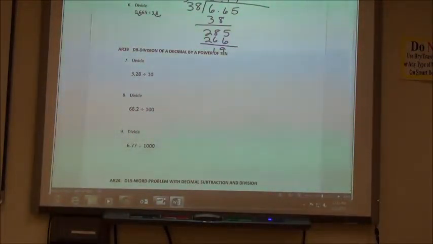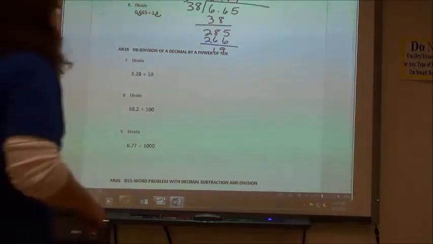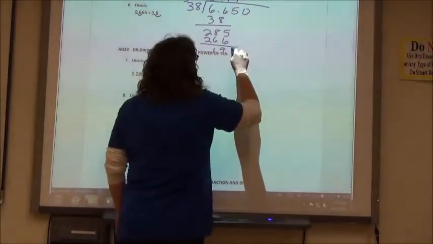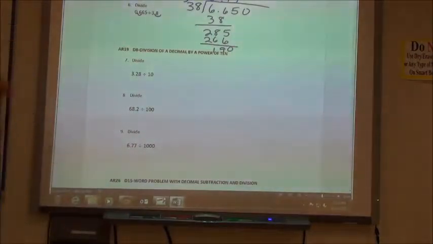Here you get 285 and 266, right? So here you end up having to borrow, because you can't take 6 away from 5. That makes that a 7, and that's a 15. And then we have to keep going, so we add a 0 and say 38 goes into 190.